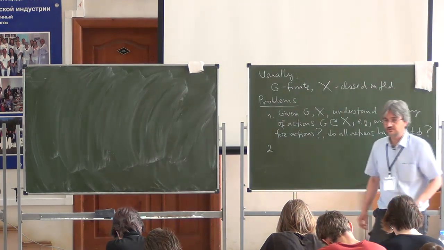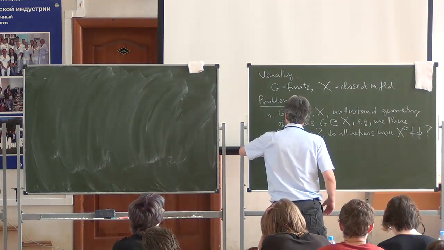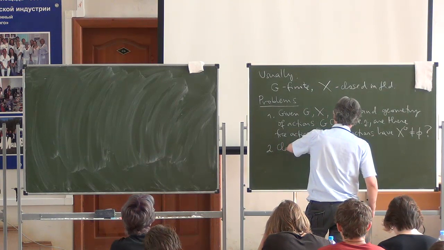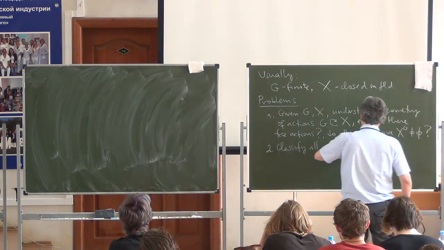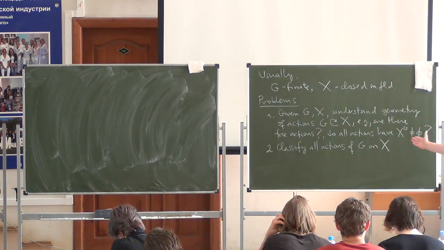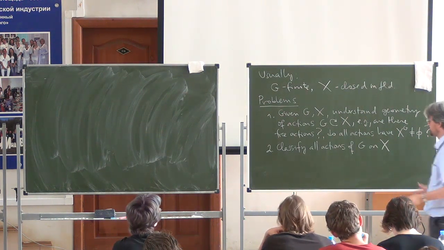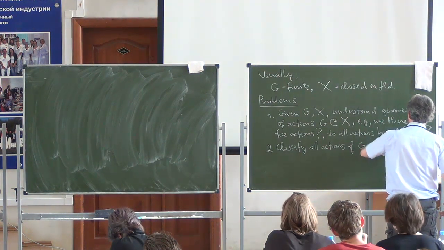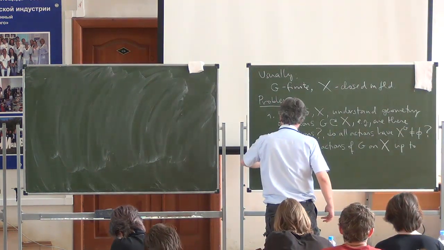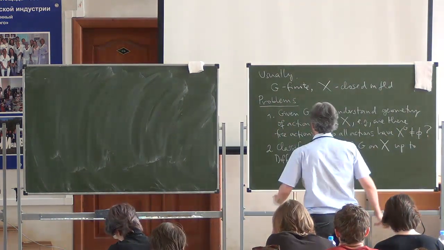A more ambitious problem is to classify all possible actions. Typically, we would like to obtain a classification up to diffeomorphism or even up to homeomorphism. Let's say up to diffeo to be concrete. And this up to diffeo means up to conjugation.